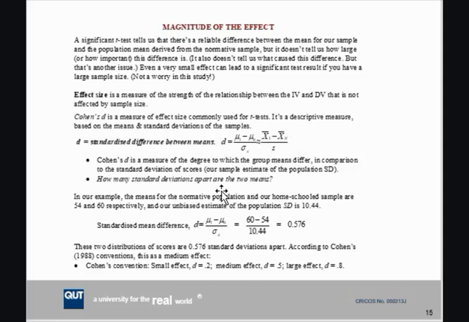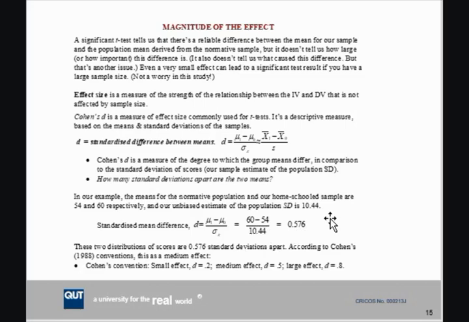So in our example, the mean for our homeschool population was 60 and our normative population was 54. And our standard deviation from our sample is 10.44, giving us an effect size of 0.576.